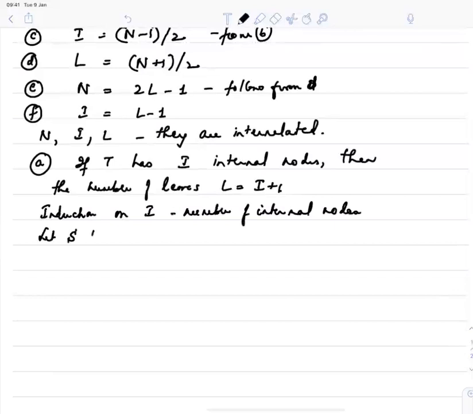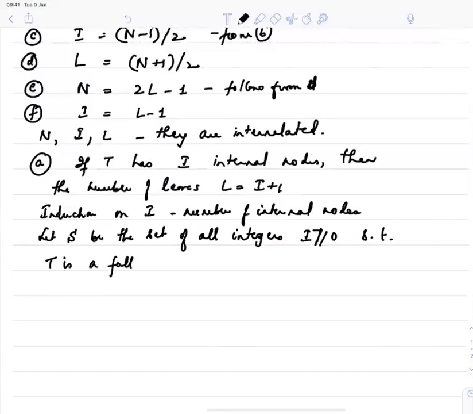Let S be the set of all integers I greater than or equal to 0 such that T is a full binary tree with I internal nodes.